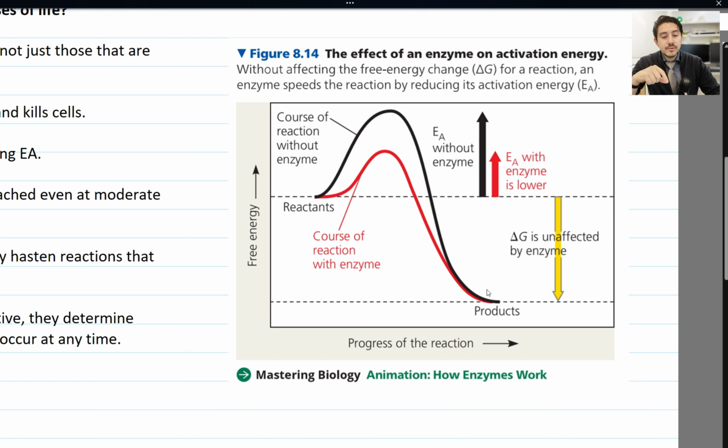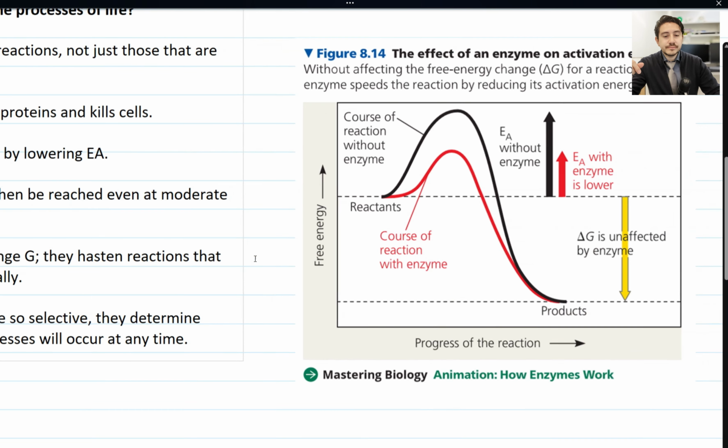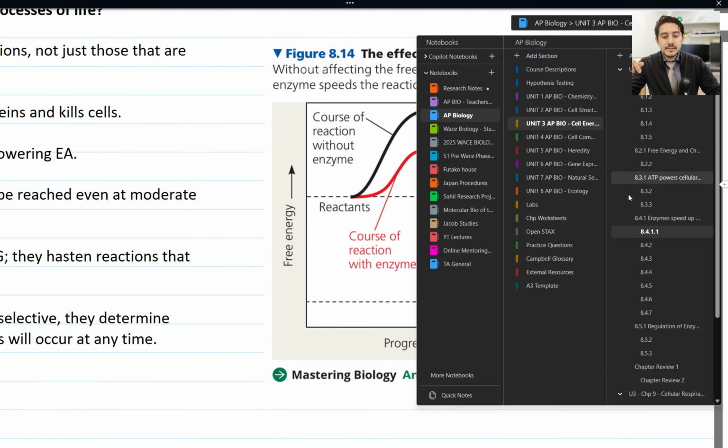And then you will get that net output of delta G in an exothermic reaction. So that change in delta G is unaffected by the enzyme. Remember, you have the reactants here, and they have a certain amount of energy. So whenever you pass that threshold of the reactants, that liberation of energy is the same. So that's what I'm referring to as enzymes do not change that delta G. They just hasten the reactants to change into the products a lot easier. Okay, let's continue.